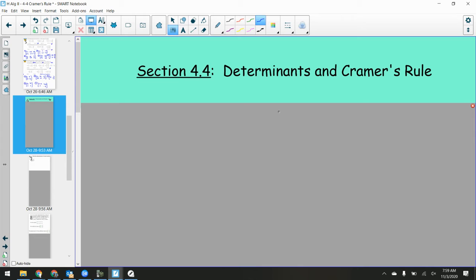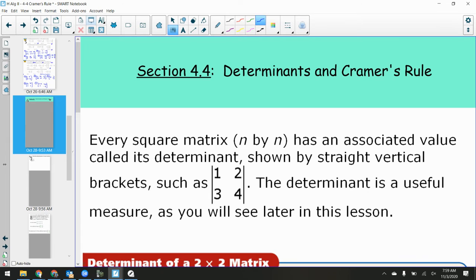The steeper the slope, the higher the number. Just like the R value is a strength of relationship number, just a number associated with a linear regression, and you just have to be able to interpret that number. Same kind of thing for a determinant. A determinant is really just a number associated with a matrix.